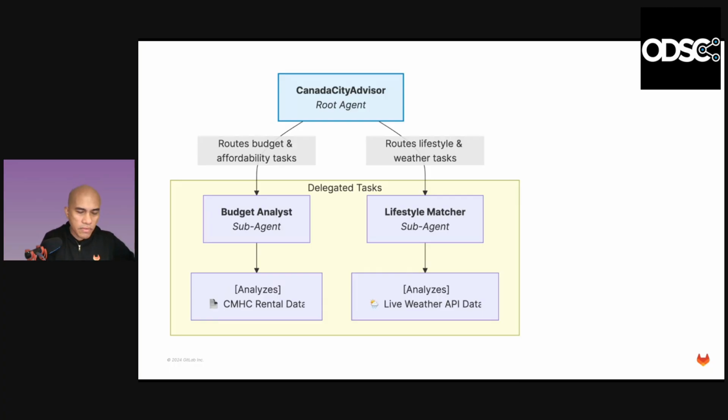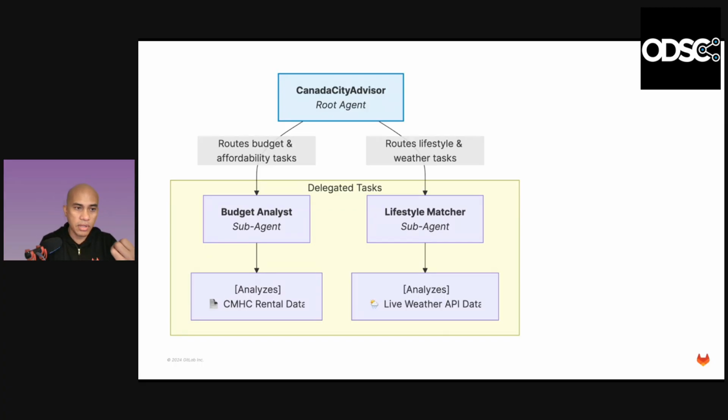To give you a bit of context of what I'm trying to do, since I'm based in Toronto, I'm creating a multi-agent application that can tell people, if they're interested in moving to Canada, where they can move to, right? Not that I'm recommending this; it's really just an educational project. This multi-agent tool relies on a root agent called Canada City Advisor, and the tools available to it are two main things.